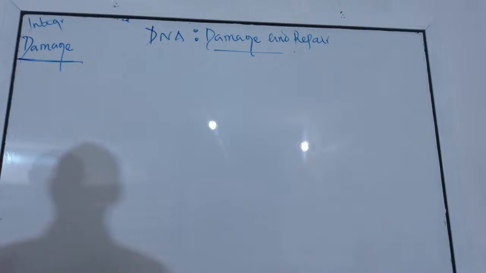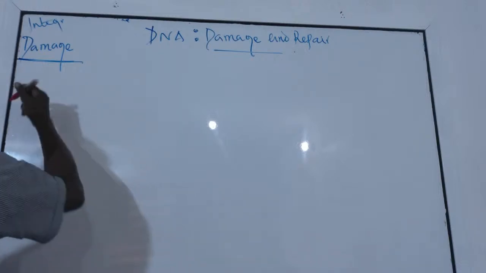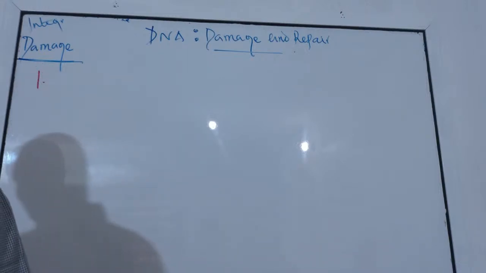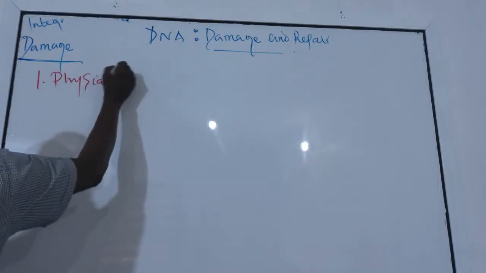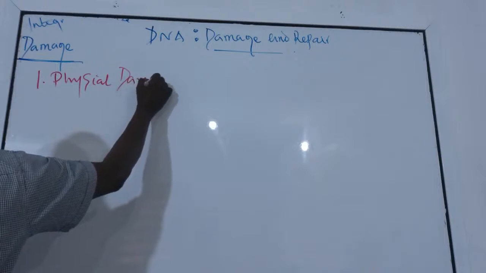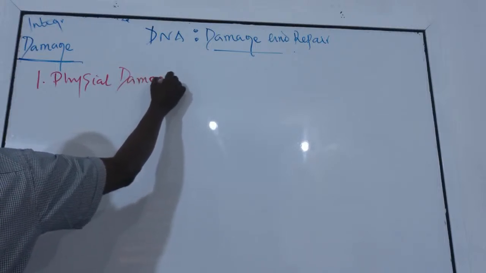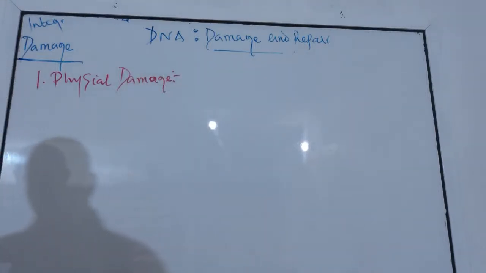The first damage that every DNA is prone to is physical damage. So how does DNA get damaged with physical damage?